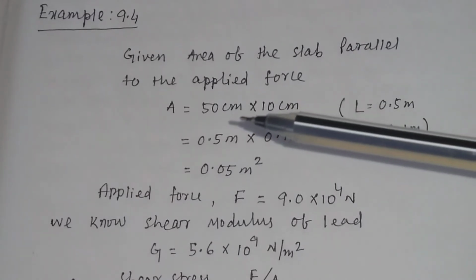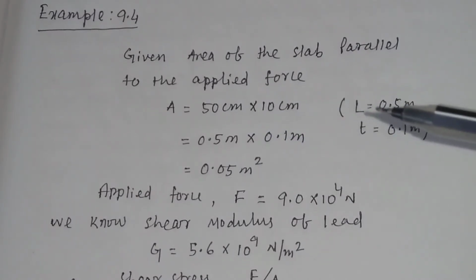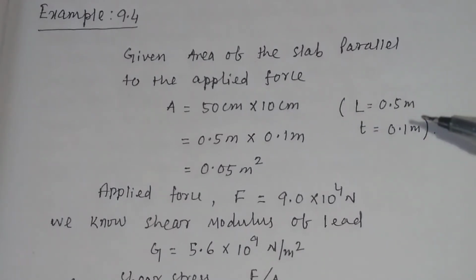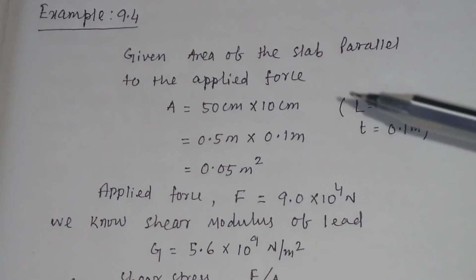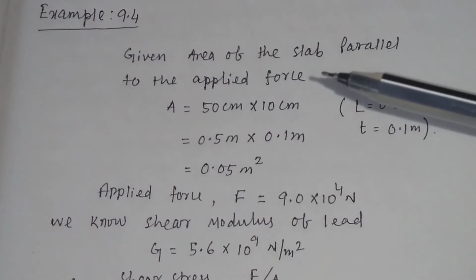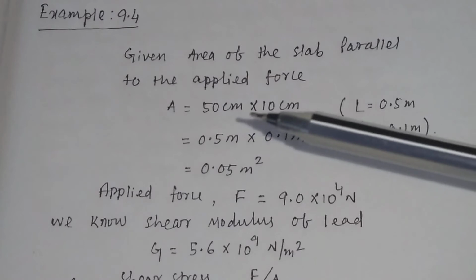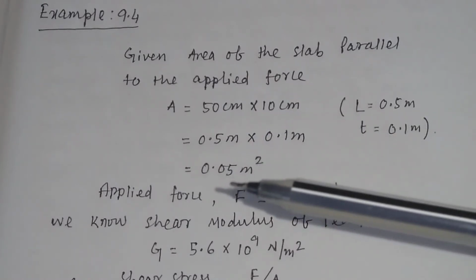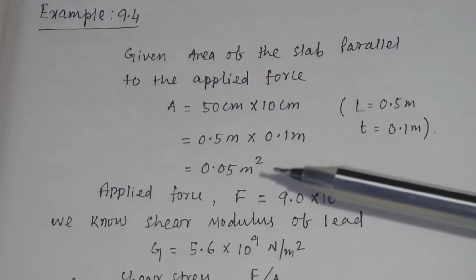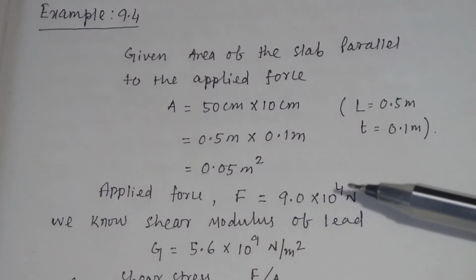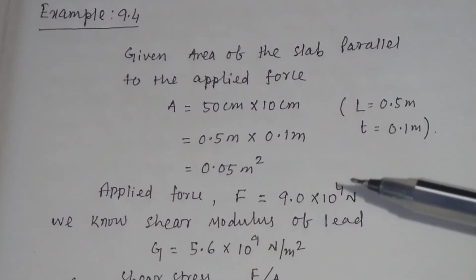So length of the slab is given 50 centimeter or 0.5 meter. Thickness is given 10 centimeter or 0.1 meter. So the area of the slab parallel to the applied force is equal to 50 centimeter into 10 centimeter, that is equal to 0.05 meter square. And the applied force is 9 into 10 to the power 4 Newton.